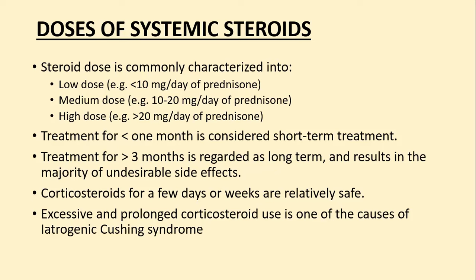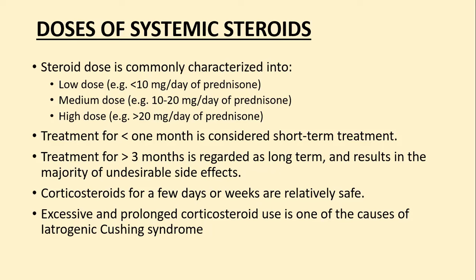Then treatment for less than 1 month is called short-term treatment, and treatment for more than 3 months is called long-term treatment. So one classification is low dose, medium dose, or high dose, and another classification is short-term and long-term treatment. The long-term treatment is associated with several undesirable side effects, which we are going to discuss today.